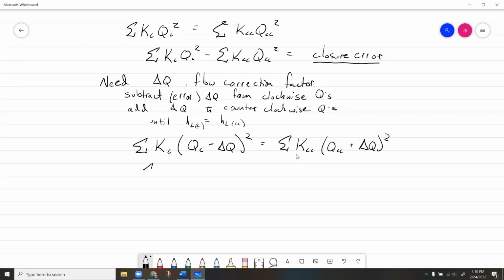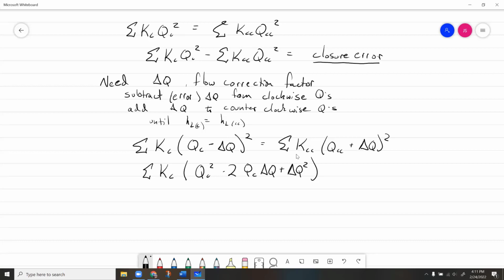And so we get sum of KC is equal to, so we'll actually carry out this squaring of these two terms, and we get QC squared minus 2 QC delta Q plus delta Q squared. So we're just carrying out that squaring of those terms.